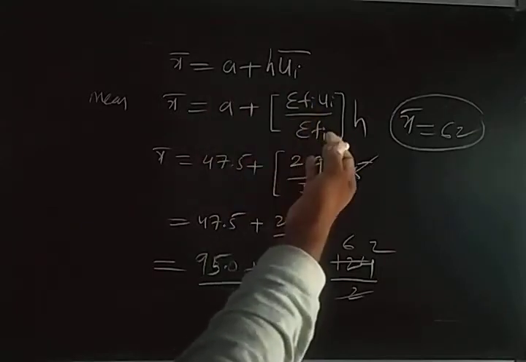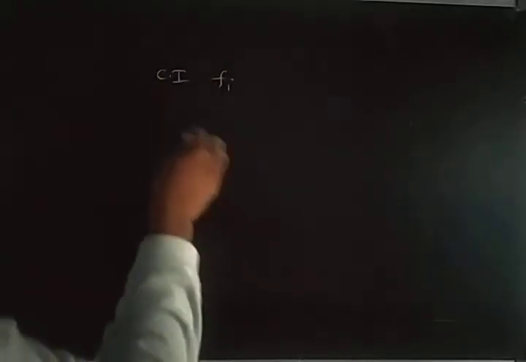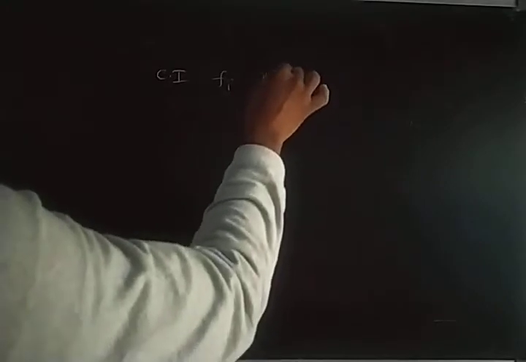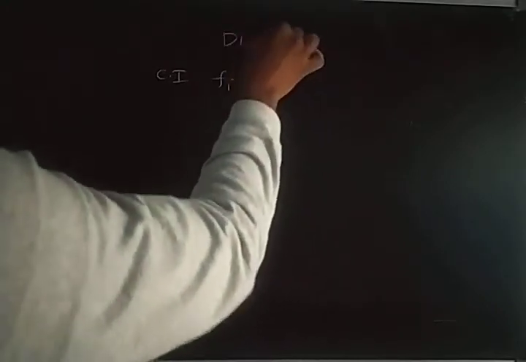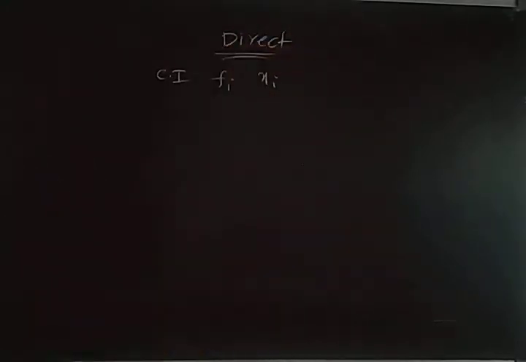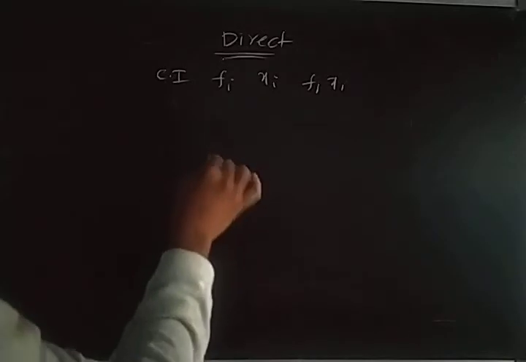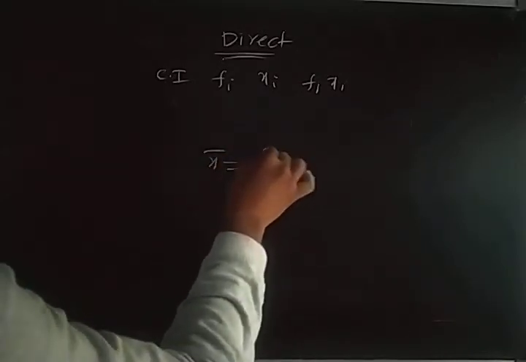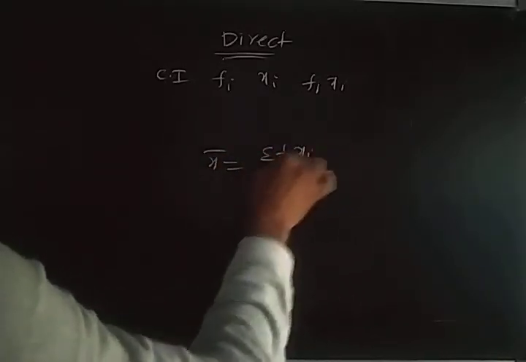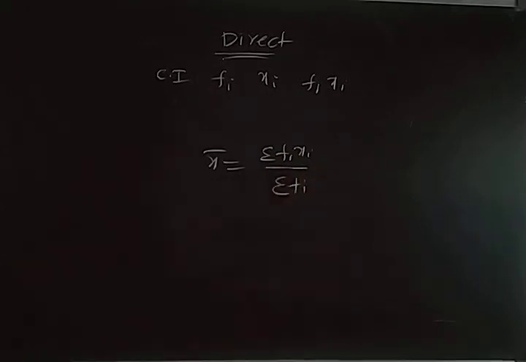Just multiply fi and xi, find the fi into xi last column, then you can apply this formula: x bar equal to summation fi into xi by summation fi, by the direct method.